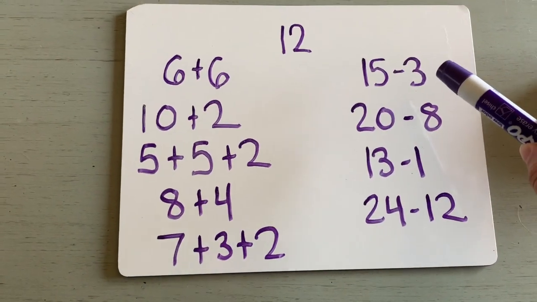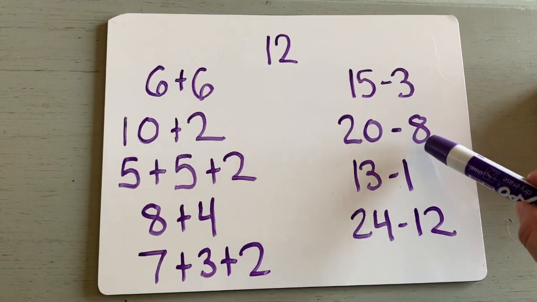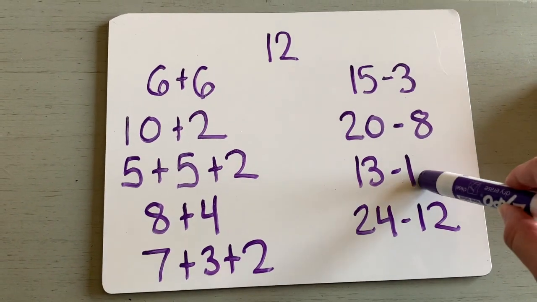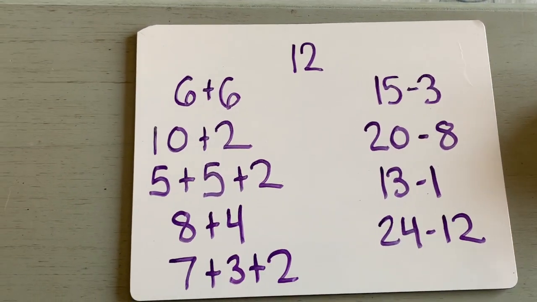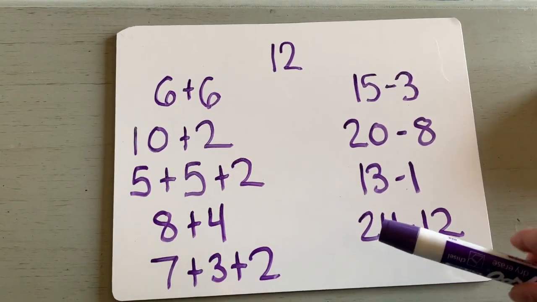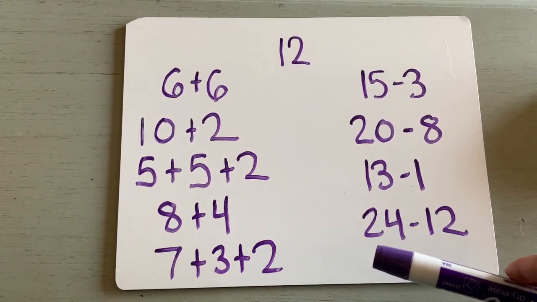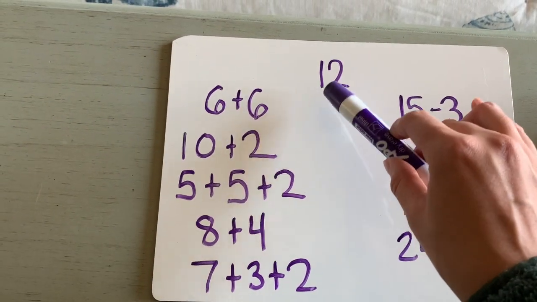Over here, I did some subtraction problems: 15 minus 3, 20 minus 8, 13 minus 1, 24 minus 12. So you might see some of the ways that you thought of. You might have thought of different ways than I did. But overall, there's a lot of ways you can make a number. So nice job on that warm-up.